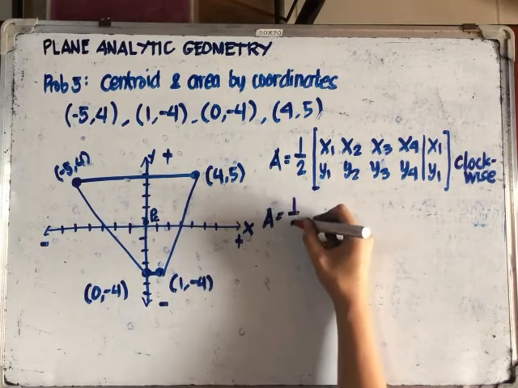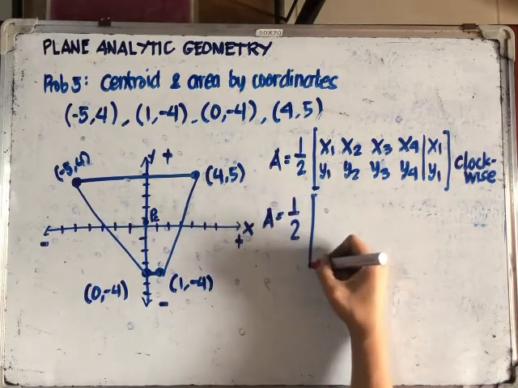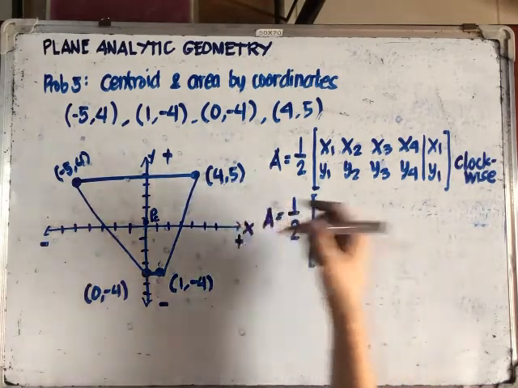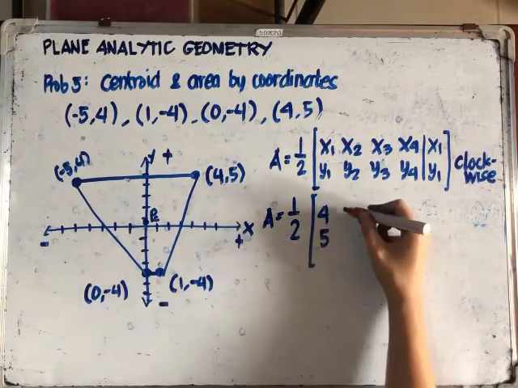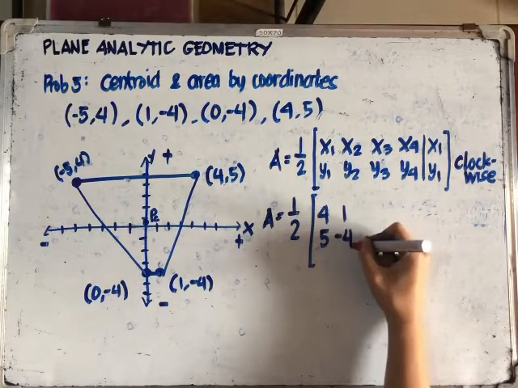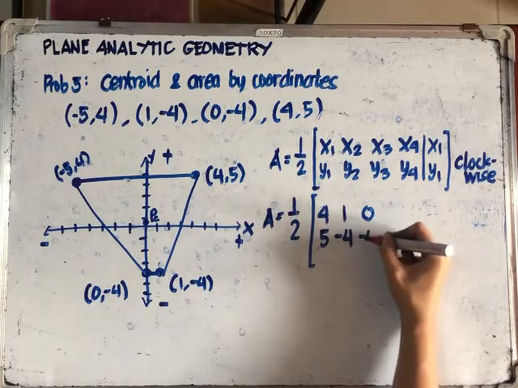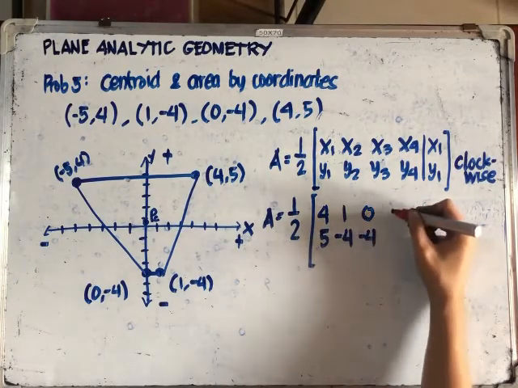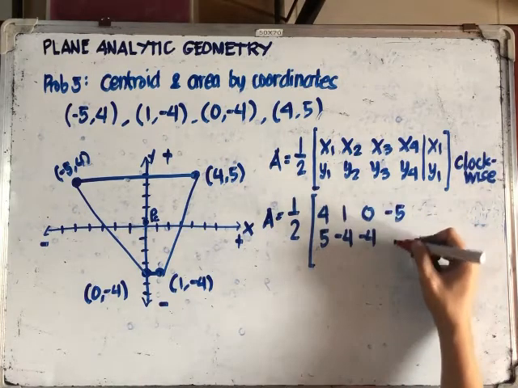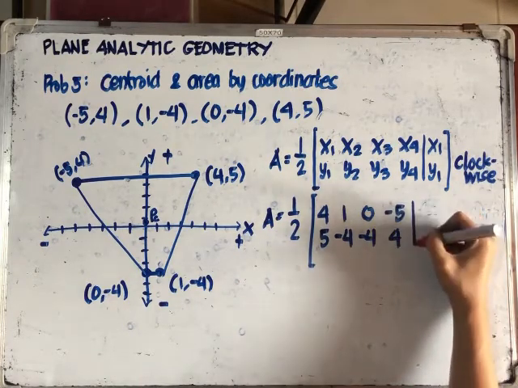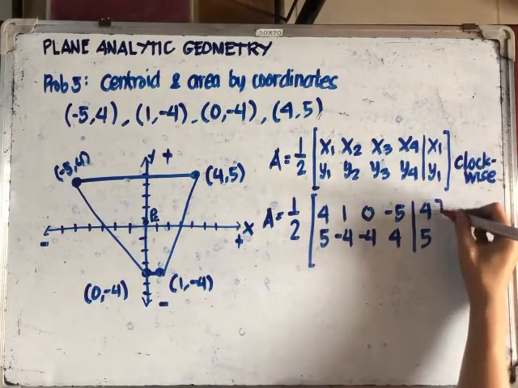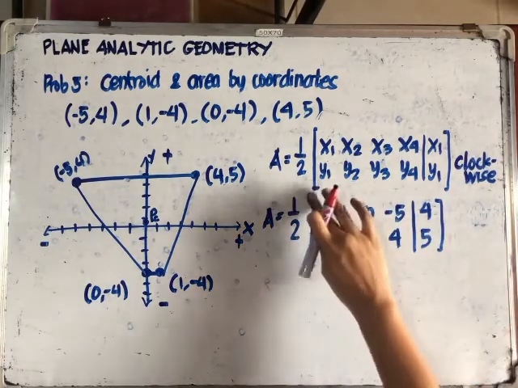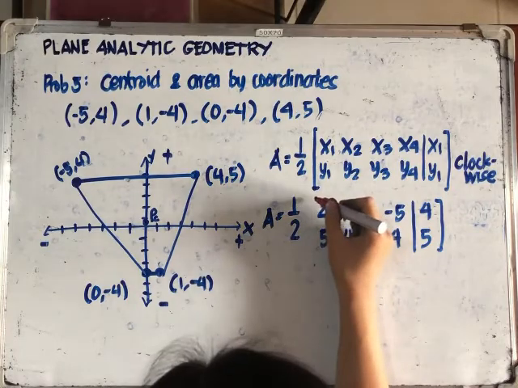This would be 1/2. 4, 5. And then we have 1, negative 4. And then 0, negative 4. And then you have negative 5, 4. Then write again the first coordinate na sinulat mo na 4, 5. Alright, ganyan ang magiging itsura niya.